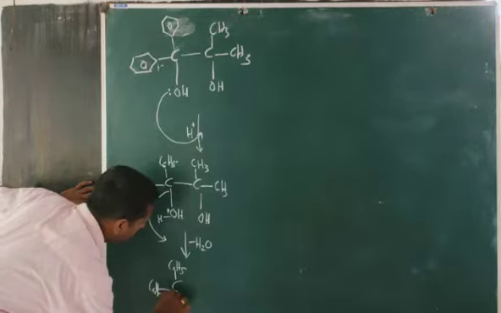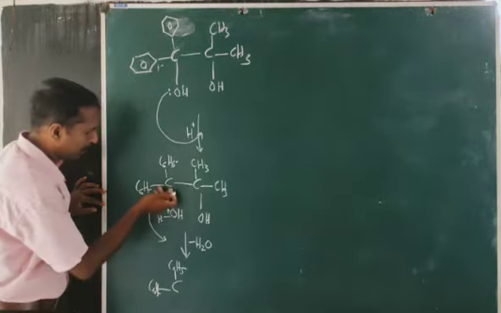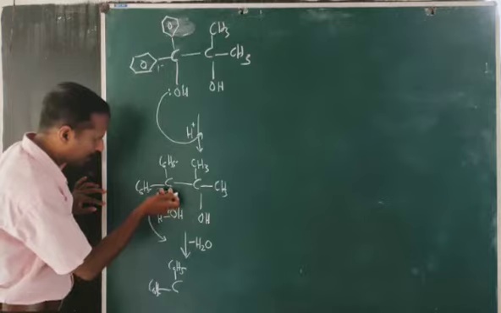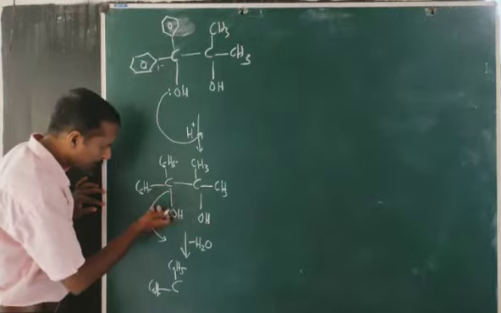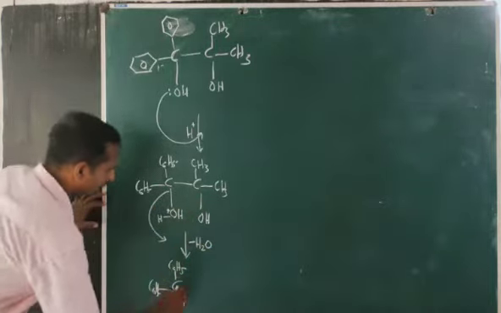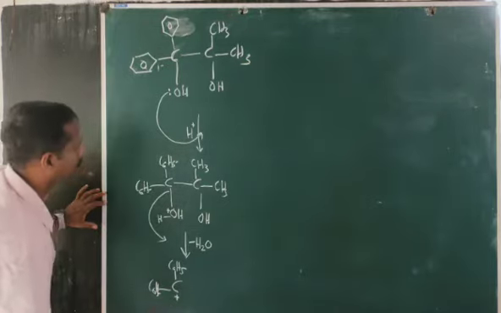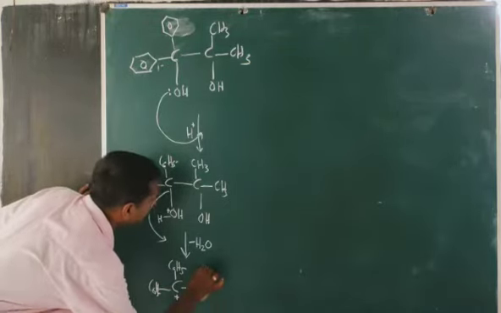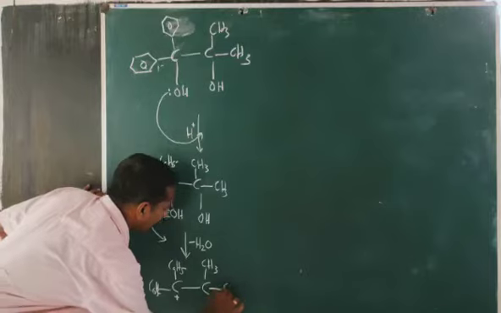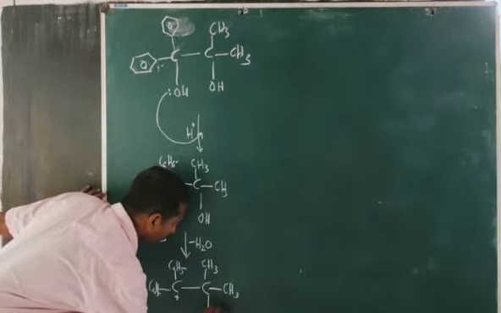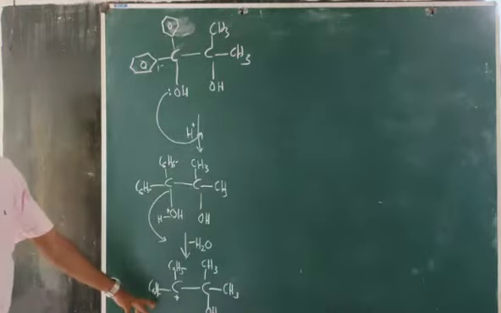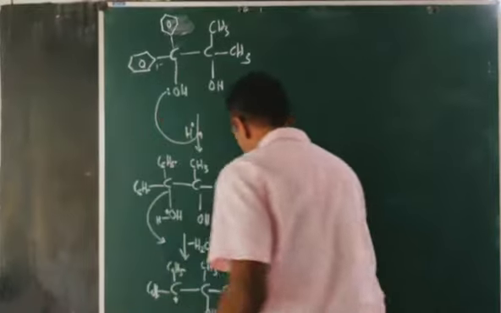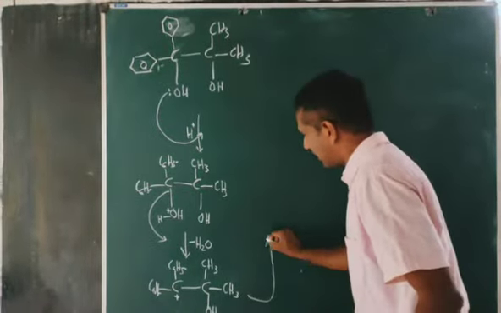And when the bond is breaking from this carbon and H2O is eliminated, this carbon is getting a positive charge, and here it is CH3, OH. Correct?